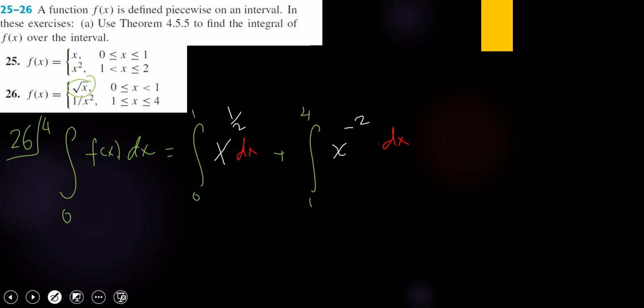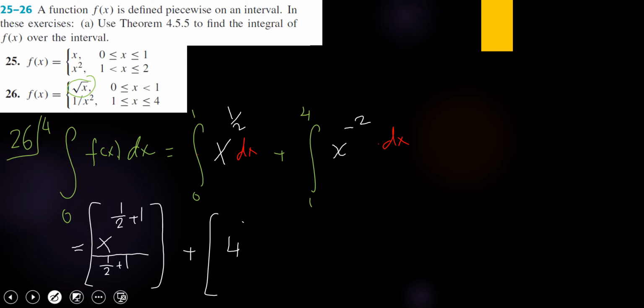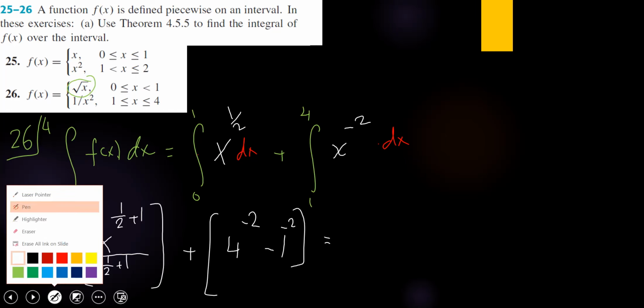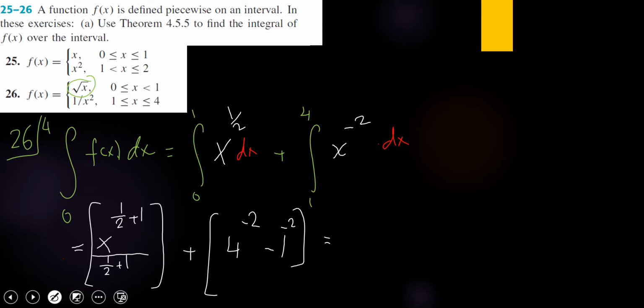Then let's say that they are x to the power half plus 1 over half plus 1 minus 0 plus 4 to the power negative 2 minus 1 to the power negative 2.